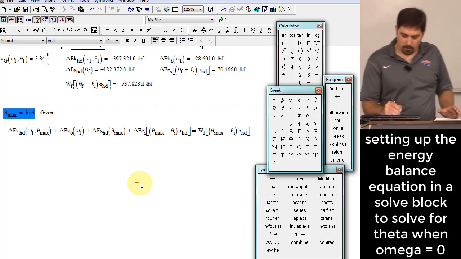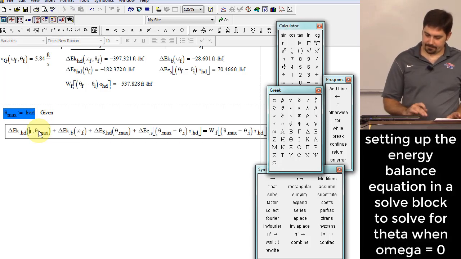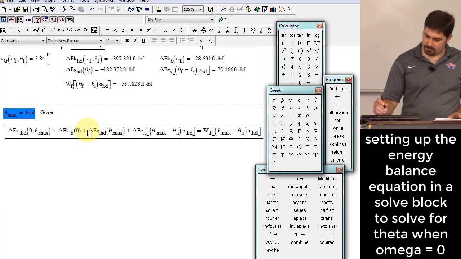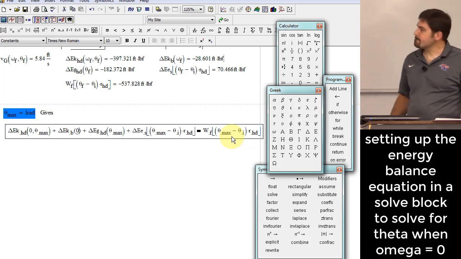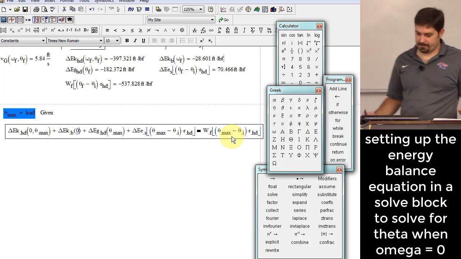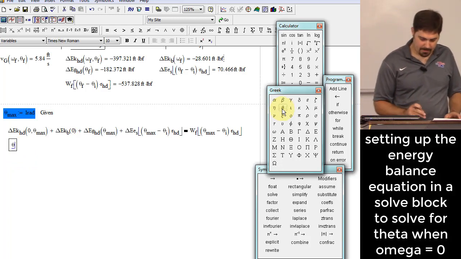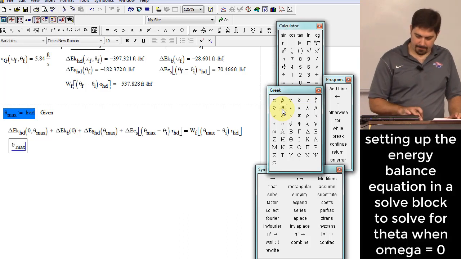And the one variable I have in here to describe those velocities is this omega. So I go in and I put omega equals 0 anywhere that I've got an omega. All right. Then I go down here and I'm going to solve for my maximum theta.